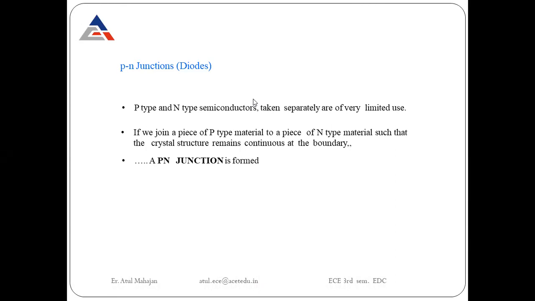Now, if we join a piece of P-type material to a piece of N-type material such that the crystal structure remains continuous at the boundary, they form a crystal structure whose properties remain continuous and constant throughout.